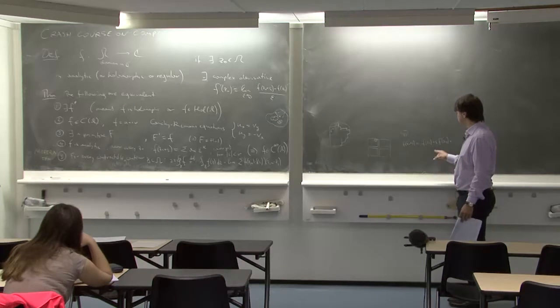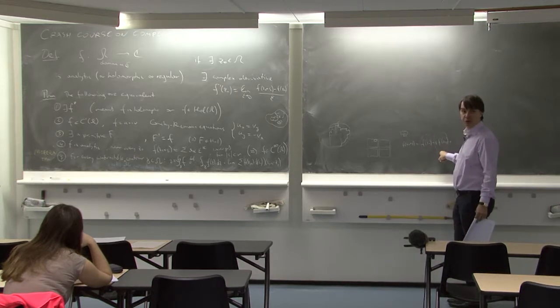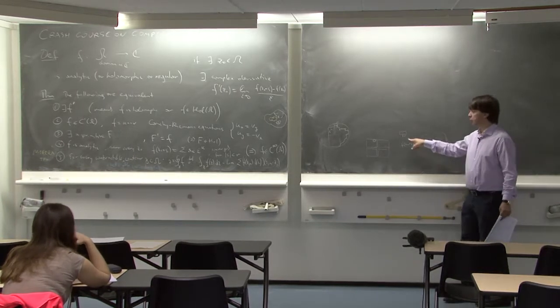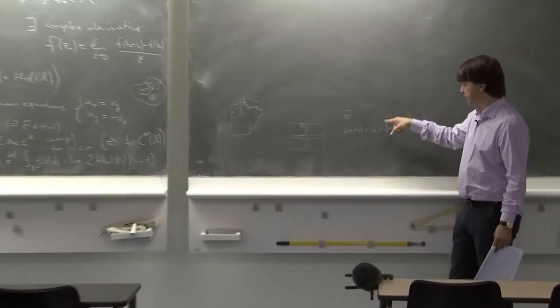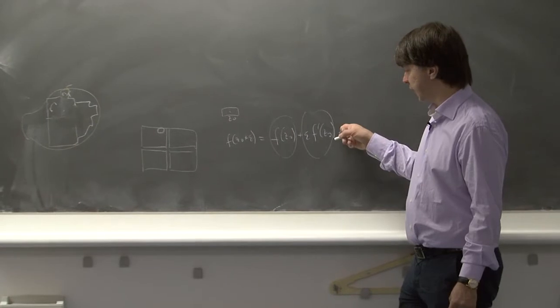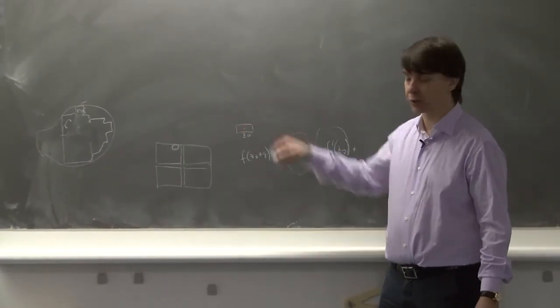So you can check manually that these two terms integrate to 0, because the first is a constant, and the contour integral of a constant is 0. The contour integral of epsilon is 0. And the rest will be smaller than the size of this squared, and that sort of helps.